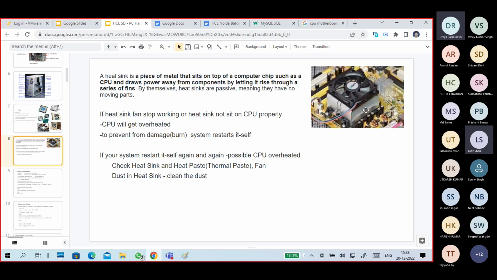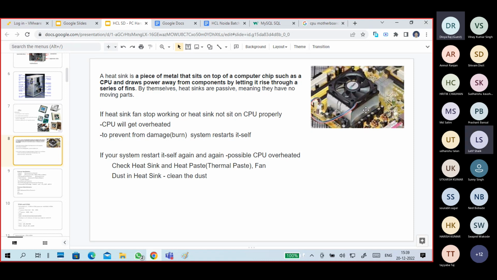Maybe the heatsink fan is not running. Maybe the heatsink is not sitting on the processor properly. Maybe the heatsink paste is cleaned off. Even I did this: my computer was left in Bangalore, and I visited after 3 years. I wanted to clean it, so I took a vacuum cleaner and a brush and cleaned it completely, and in that process I cleaned the heatsink paste also.